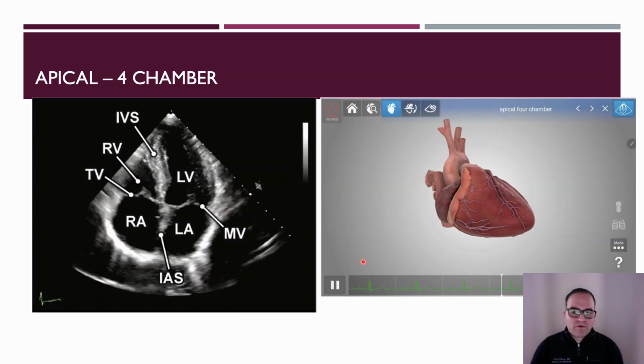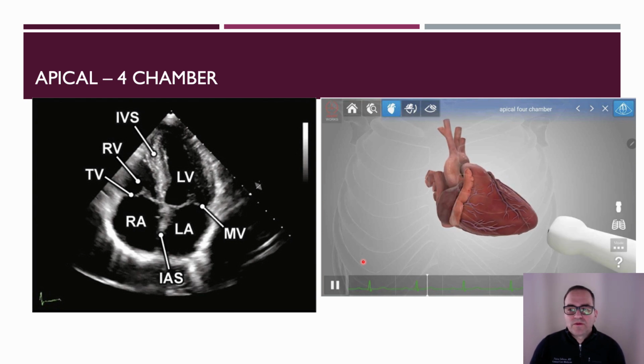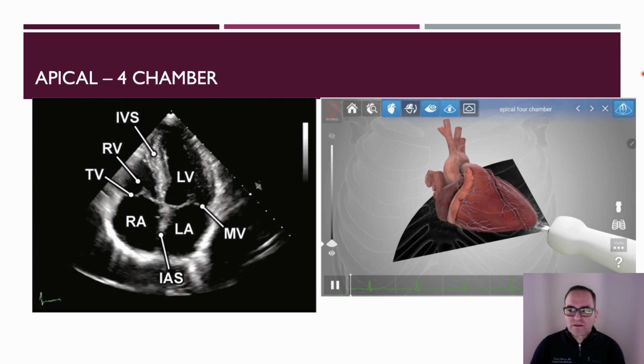An apical four-chamber view is one of your basic windows. Here at the 5th or 6th intercostal space under the nipple with the marker pointing around 4 o'clock, the 4 cardiac chambers can be visualized.